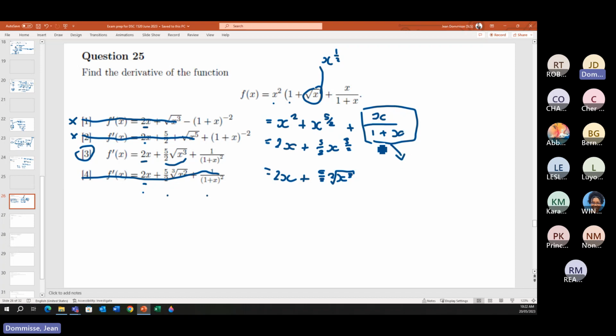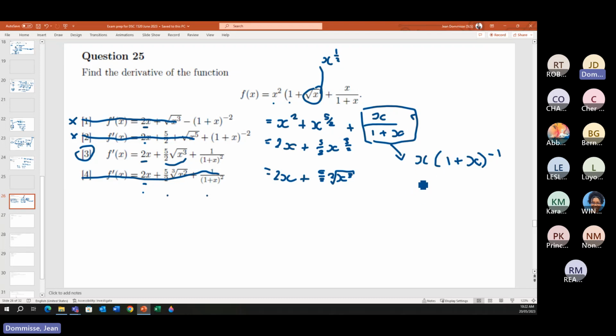So what I would have done here is, let's keep the X. I would have brought that up to the top because then it's easier for me to work with. Then it would have been -1. Okay, so if I look at this one, what would happen with the X?